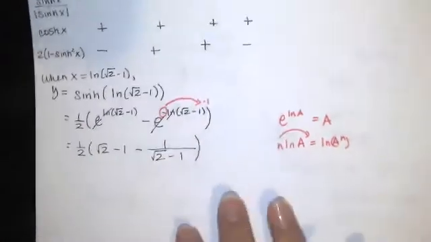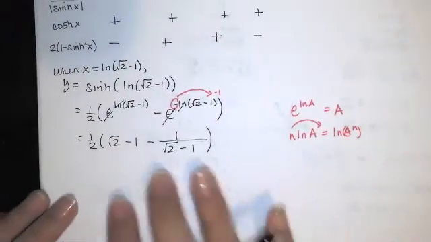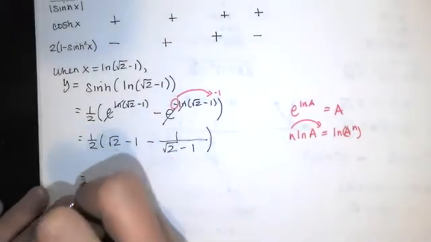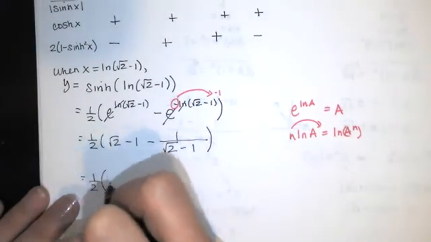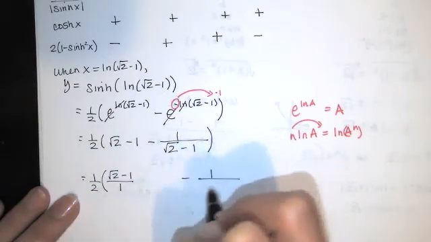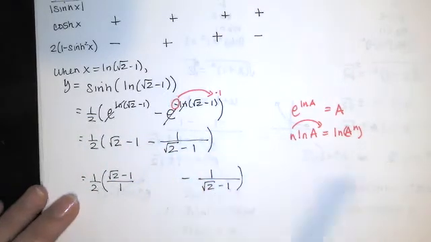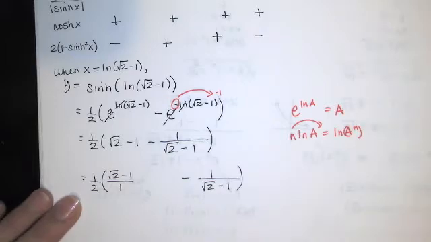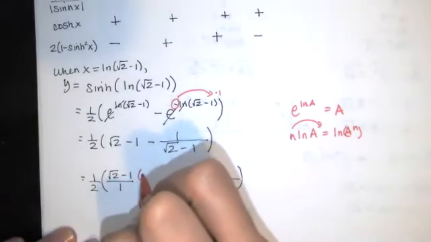I know, it looks very tedious, doesn't it? But now you're like, okay, I want to get a common denominator. So let's make the square root of 2 minus 1 our common denominator.